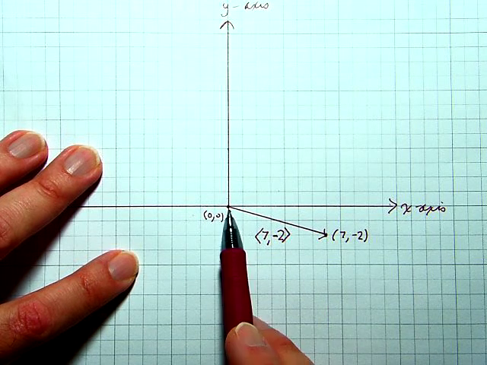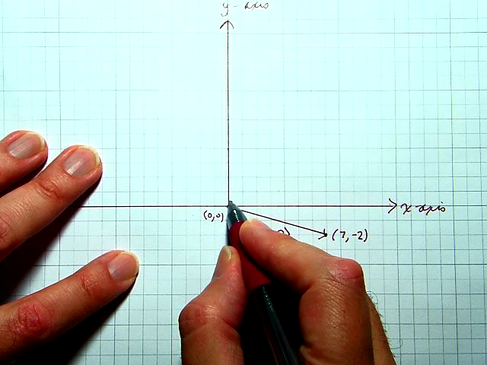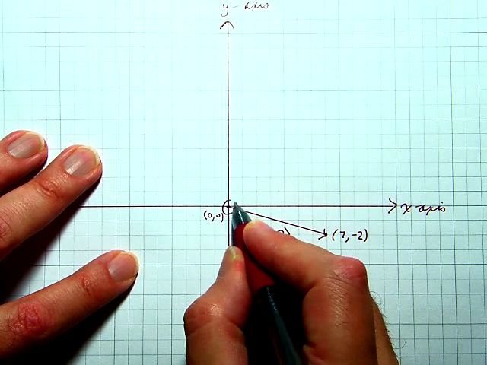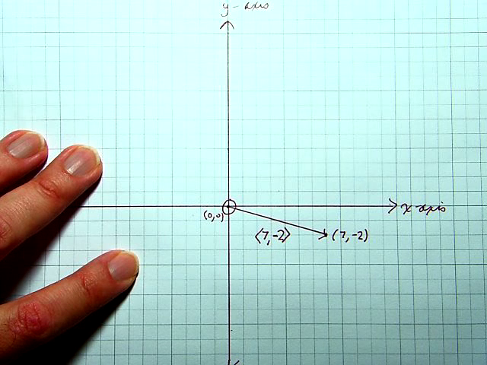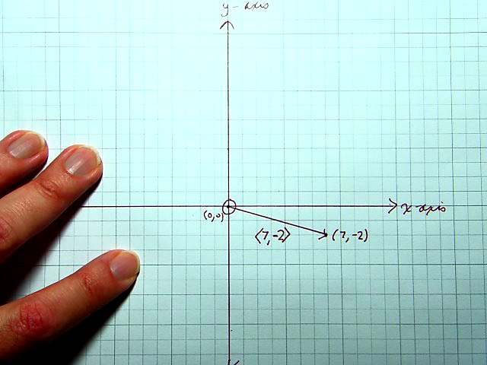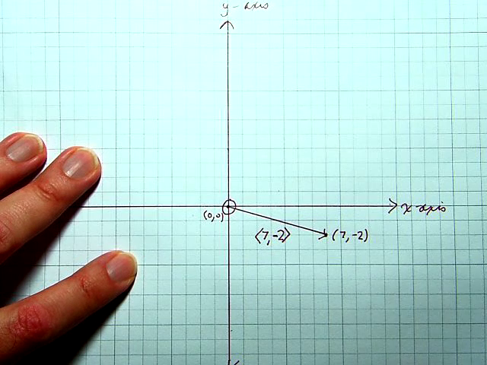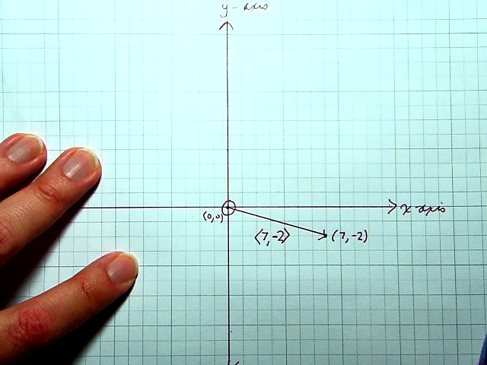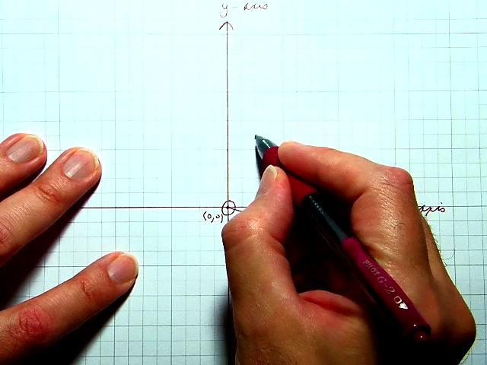We've chosen the tail for this vector to begin at the origin. But the vector does not have to begin at the origin. It can begin at any point on the coordinate plane, and it will still have the same magnitude and direction. So let's say, for example, that we chose to put its tail up here.